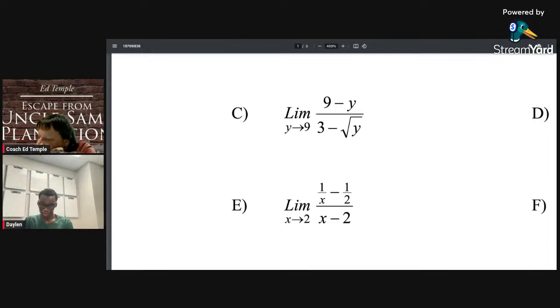Yeah. Okay. Now I could go ahead and FOIL that top, but it's unnecessary because remember, the goal is to eliminate the need to divide by 0. You're trying to manipulate it so you don't divide by 0.